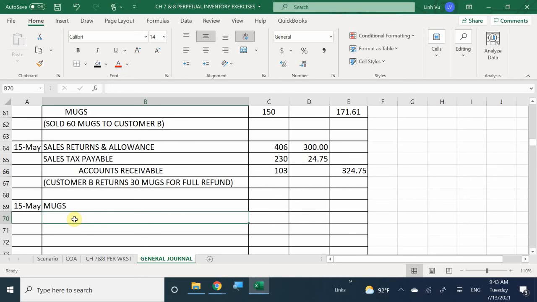We credited their account for the 324.75. But we need to update our inventory because we received the items back, so we need to place them back into inventory. So what is this account right here? I can't just leave it saying I'm going to debit my account. How am I going to debit my account? What's my credit account that I'm taking it out from?